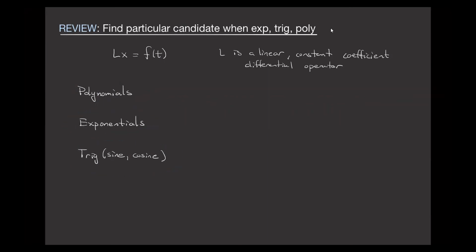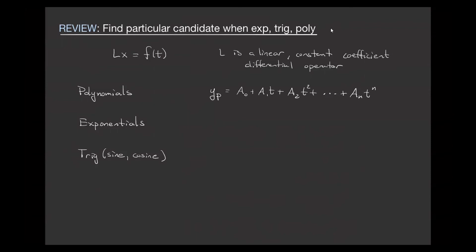Depending on what we had, and depending on how it compared to the complementary solution, we would then choose a particular candidate in a certain way. There was a set way to do it. So depending on what your f of t and your L of x were, you would choose a particular candidate in the polynomial case to be something like a sub 0 plus a sub 1 t plus a sub 2 t squared, and so on, up until some a sub n t to the n.